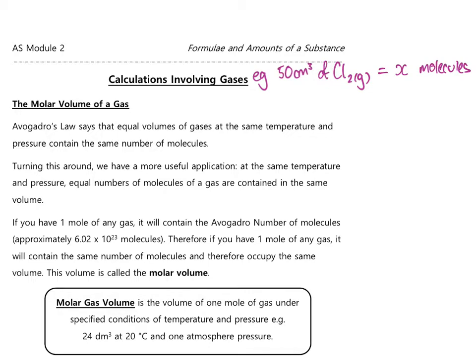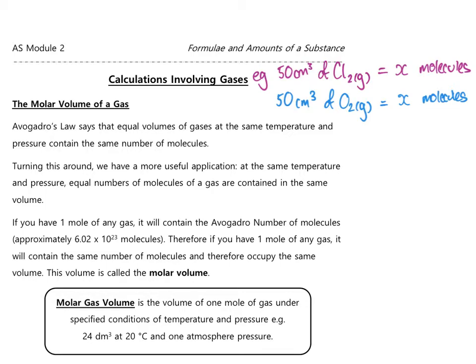If we also had, say, 50 centimetres cubed of oxygen gas, O2, how many molecules would that contain? Well, it would contain X molecules. In other words, the same number of molecules as 50 centimetres cubed of chlorine gas, so long as these gases were at the same temperature and the same pressure. So equal volumes of any gas at the same temperature and same pressure contain the same number of molecules.